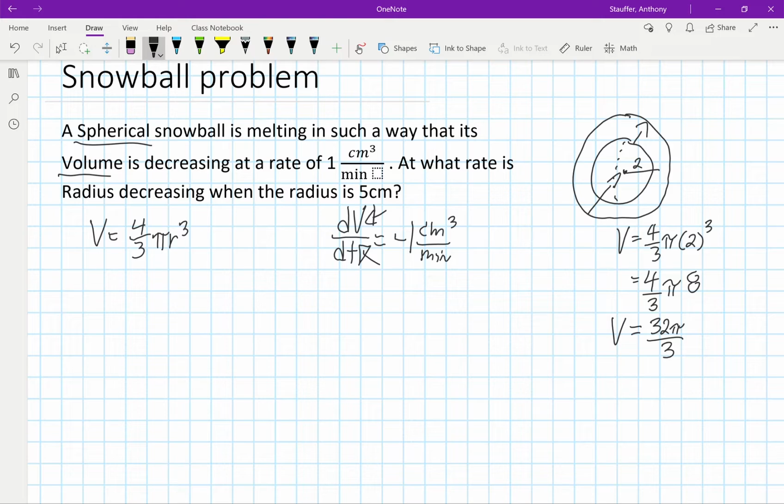Going back to my original equation, I take the d over dt of this, or rather, I want to see how this equation is going to change with time. So the d over dt of V gives me dV over dt equals, and we notice that the only variable here is the r. Since the only variable is r, 4 over 3 pi is just a coefficient. So my 3 comes down, leaving me 4 pi r squared.